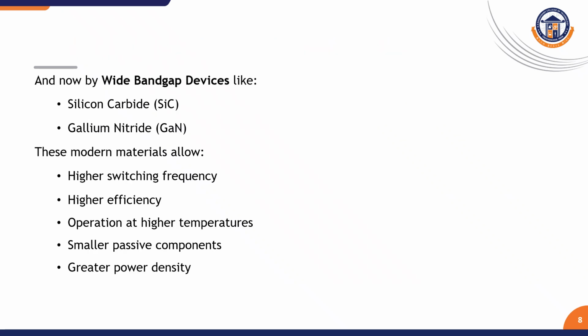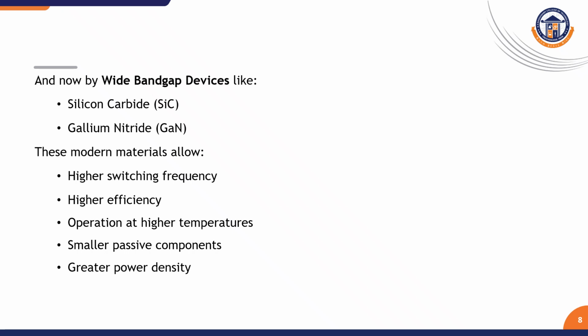Next, recently we have two types of materials used for more efficient power electronic circuits: silicon carbide and gallium nitride devices. These devices offer high switching efficiency, higher than conventional silicon devices, and they operate at high temperatures.